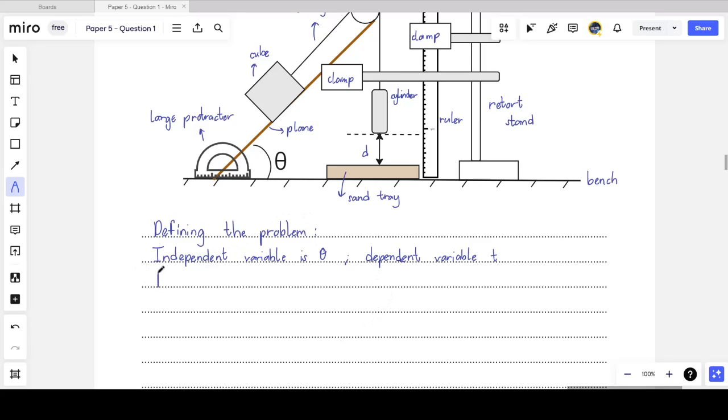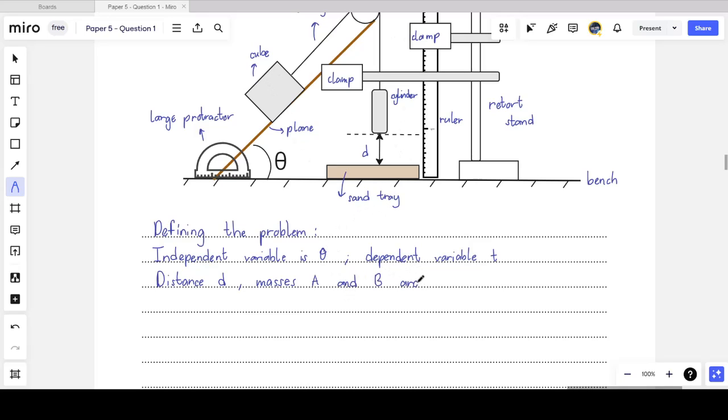And then you label all of your constants. So everything you think needs to remain constant, you'll write it down. The distance d has to remain constant. If not, then we're not measuring the relationship between theta and t. Also, importantly, the masses A and B, the mass of the cube and the mass of the cylinder, must remain constant.